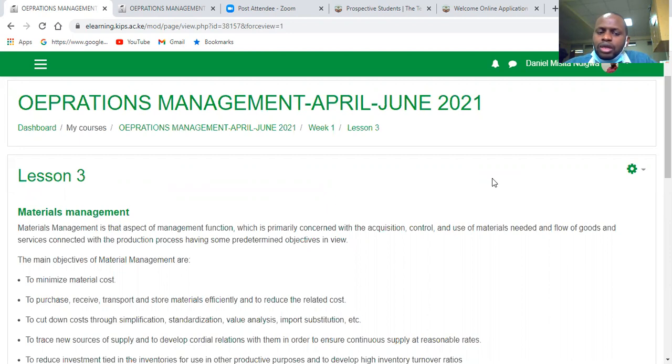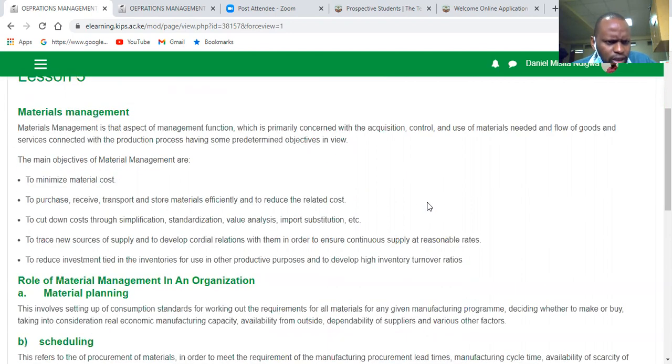And this will ensure the flow of production will not be interrupted in any way. So if you manage your materials well, it means you'll always have production at any time that you need to do production. Then the main objective of material management is to minimize material cost. So you'll be able to minimize the costs that you incur in an organization.